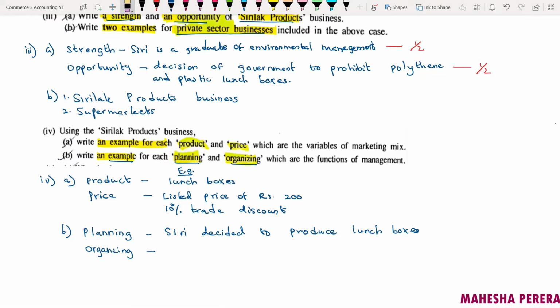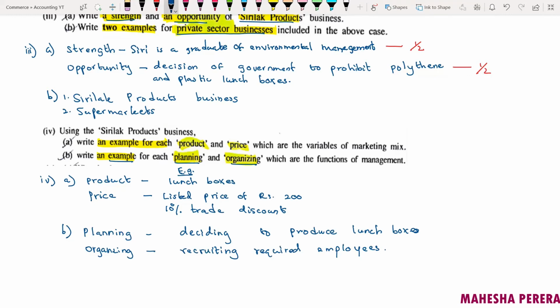Like this, just remove Siri and you can write like this, deciding in ing form, deciding to produce lunch boxes. So similarly, here you can write recruiting required employees. Okay, right.